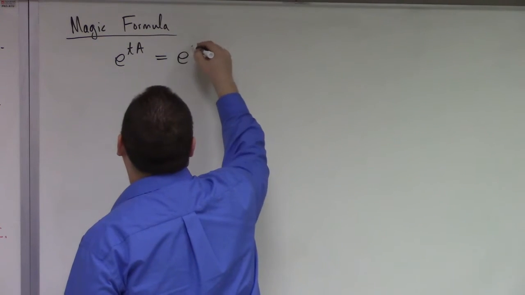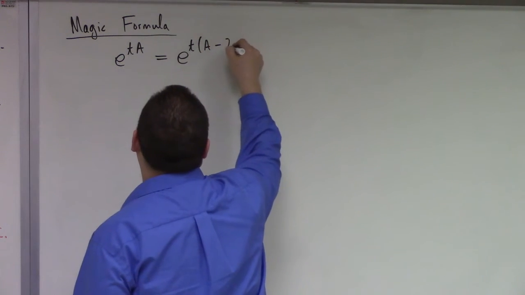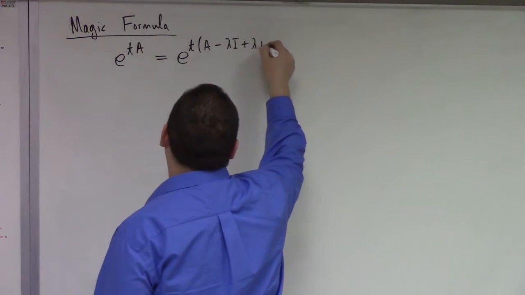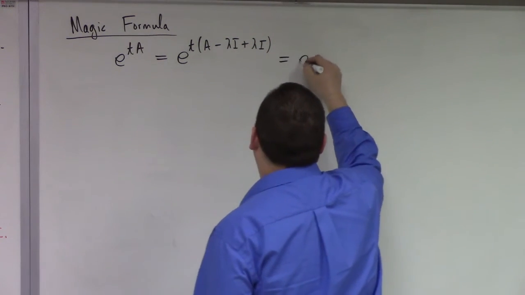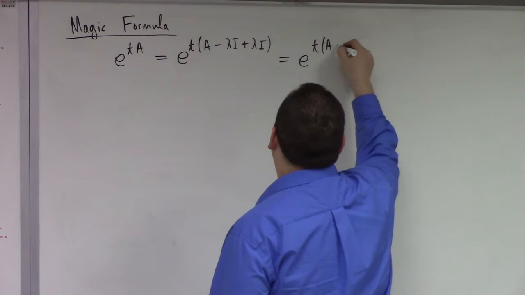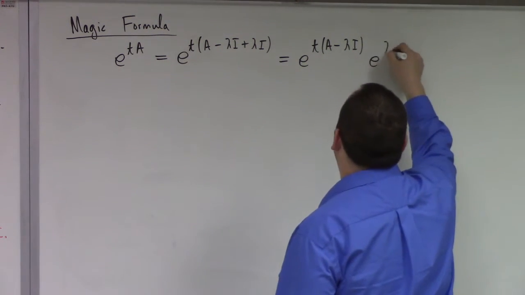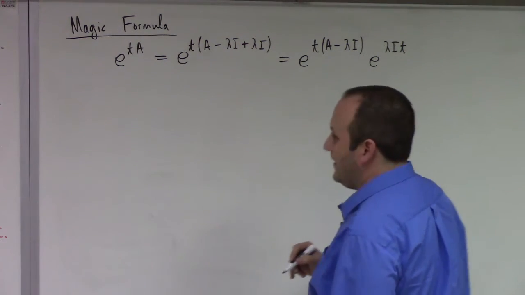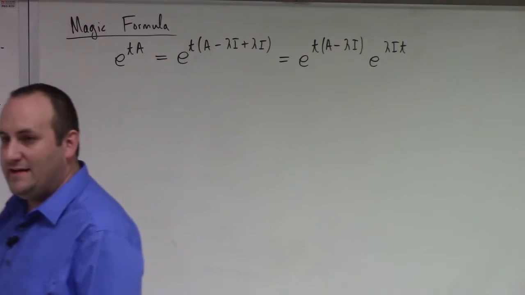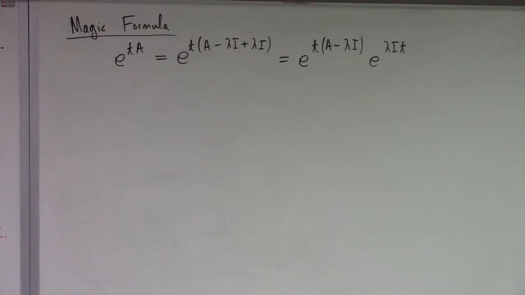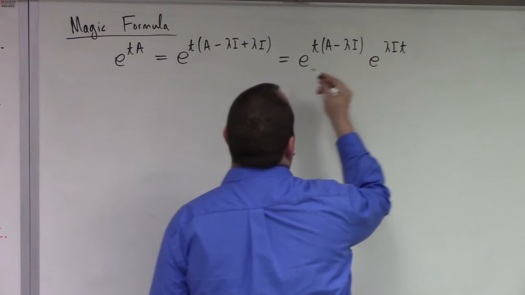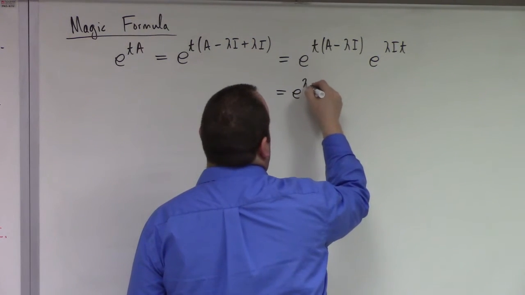So this is e to the t times (a minus lambda I) plus lambda I, where I just added 0, which by the way is e to the t times (a minus lambda I) times e to the lambda t I. I can do that because a scalar multiple of the identity commutes with any matrix. So by the laws of exponents I mentioned to you last time, I can split it up into a product of the exponentials. Now that's an exponential of a diagonal matrix. So that is in fact just equal to e to the lambda t times I.